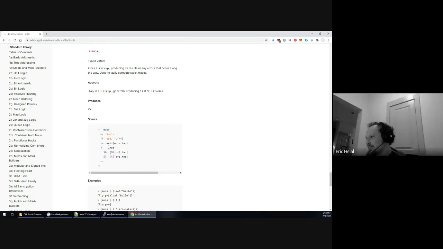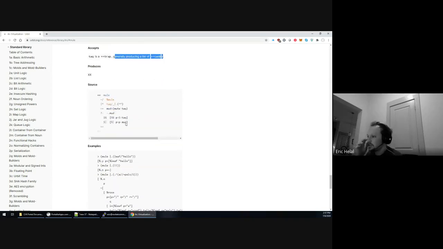Okay, so if the head of mud, which is mute, the tack is a trap, generally producing a list of tanks. Huh.